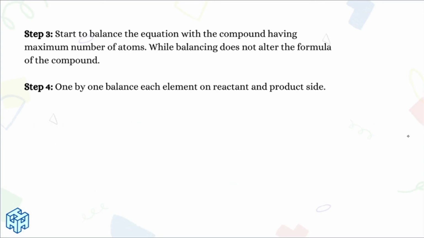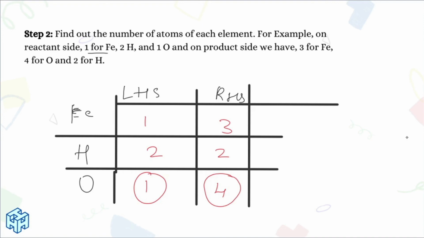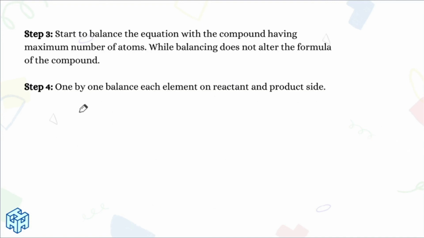We have next is ferrous. After step 3 we have Fe plus 4H2O, we get Fe3O4 plus H2.